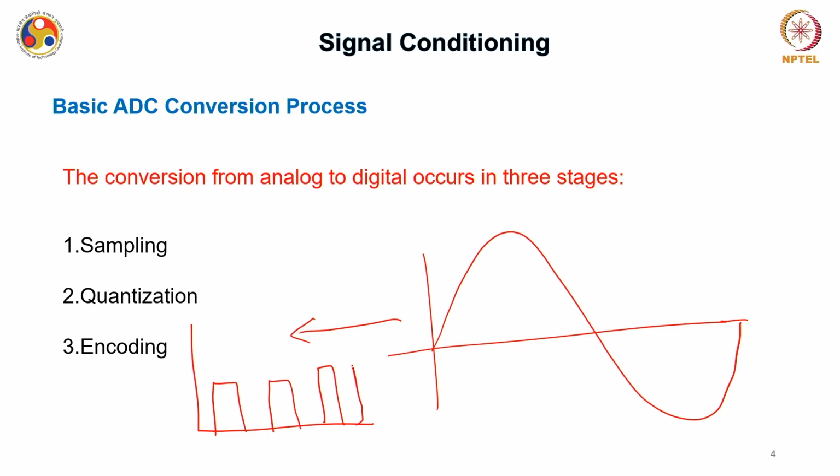Of course, this is a phase modulated signal, maybe I may like to have just amplitude modulation for example. I want to discretize it. So the first stage in this process is sampling. The second stage is the quantization and the third stage is the encoding. This is the final stage where at the end you will have the binary output.